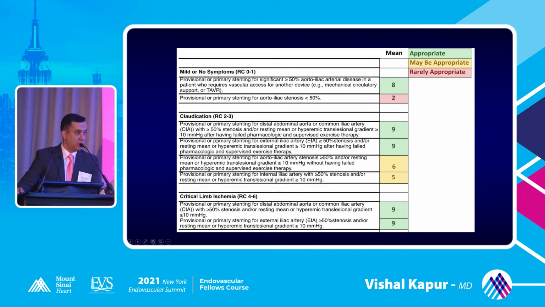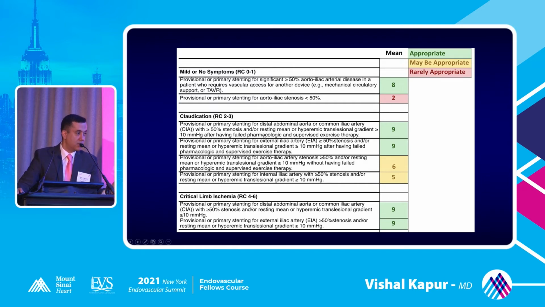So they have the scoring system nowadays, which you have to really follow, the green being the appropriate part. And if you have a lesion, like Dan was talking about earlier, the gradient is also significant. On ultrasound, like you said, velocity more than 200 centimeters per second. But when you're doing an invasive angiographic workup, a gradient is also one of the parameters in treating this iliac disease.